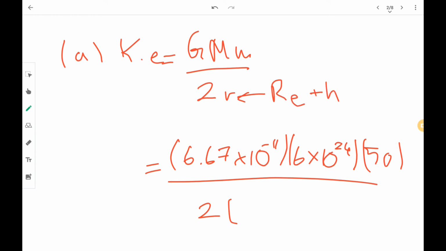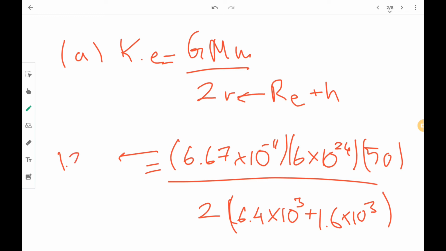The radius of the earth is 6.4 times 10 to the power of 3 plus the altitude, which the satellite is above the surface of the earth, that's 1.6 times 10 to the power of 3, and you will get the kinetic energy to be 1.25 times 10 to the power of 9 joules.